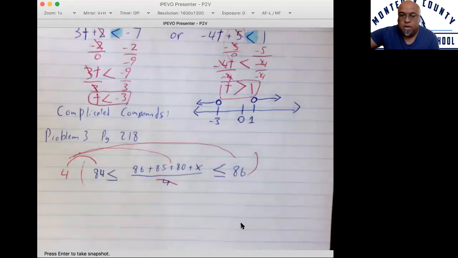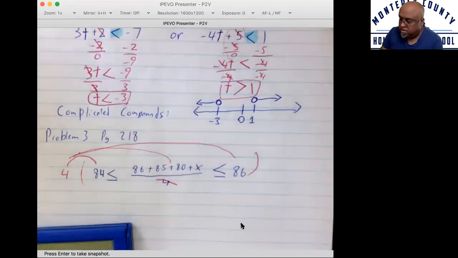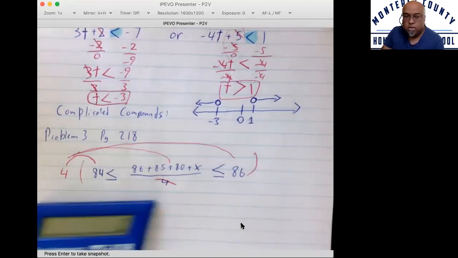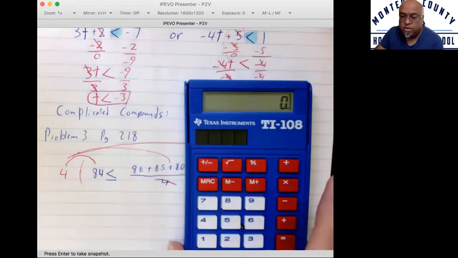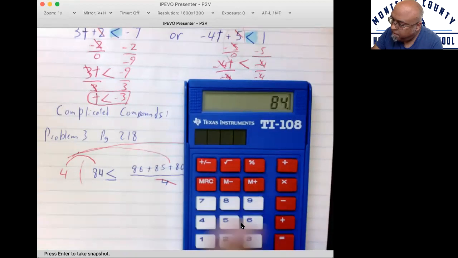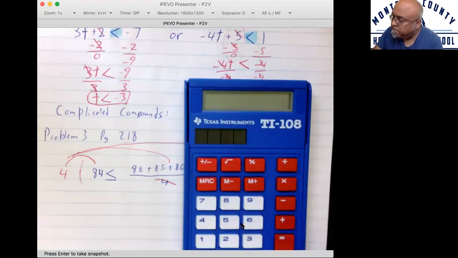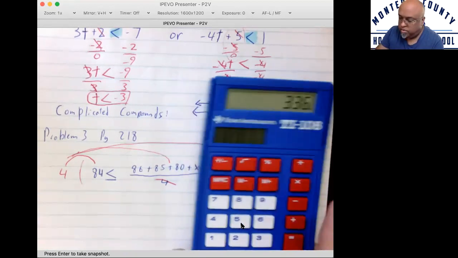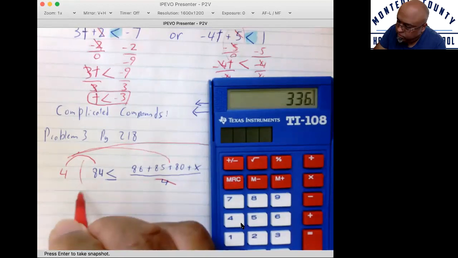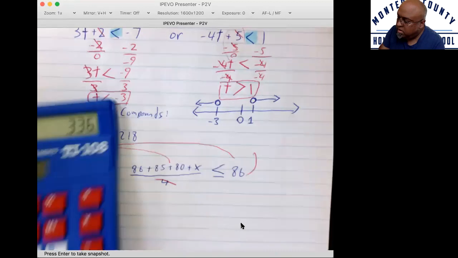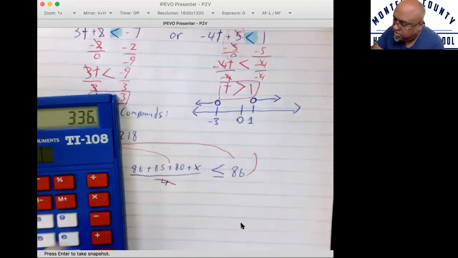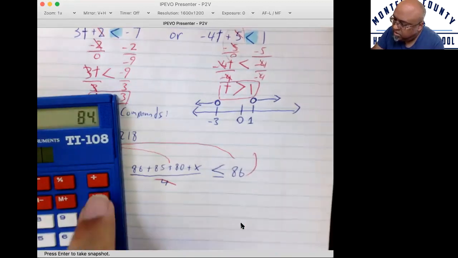Okay, I'm going to grab my trusty calculator here. 84 times 4, I'll just go ahead and do that for you, is equal to 336. Now let's do this side, 84 times 86.